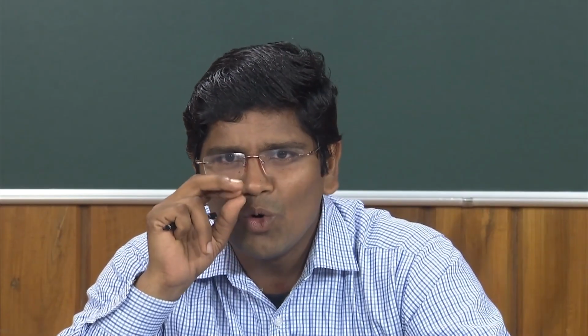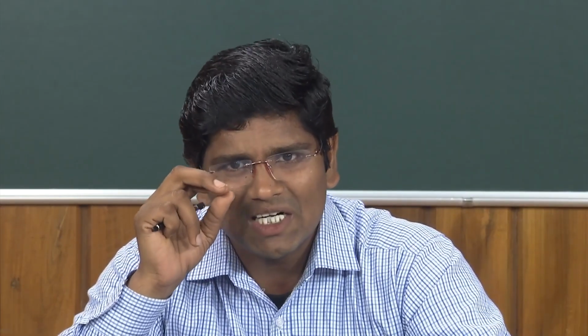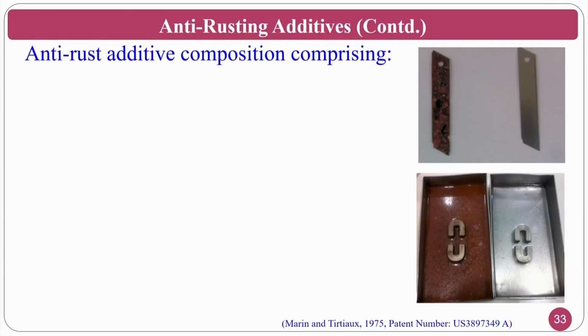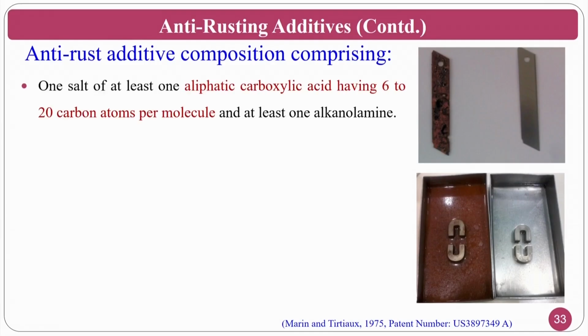This is how corrosion inhibition takes place, these are the modes. Now, anti-rusting additives. Normally the anti-rust additive composition will have at least one salt of at least one aliphatic carboxylic acid having 6 to 20 carbon atoms per molecule and at least one alkylamine.